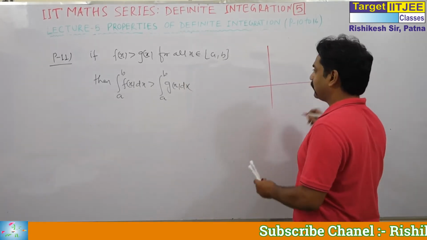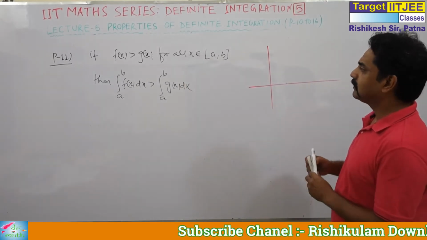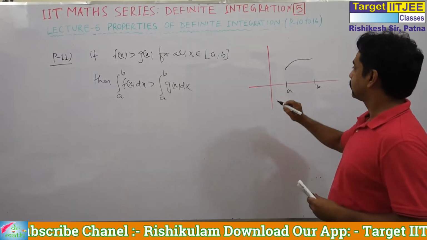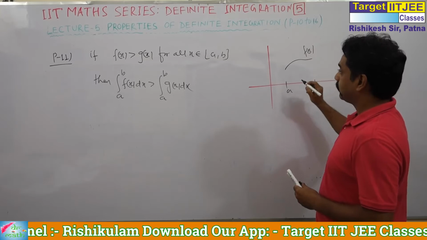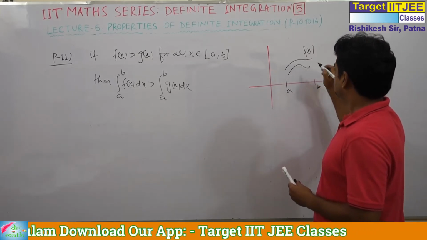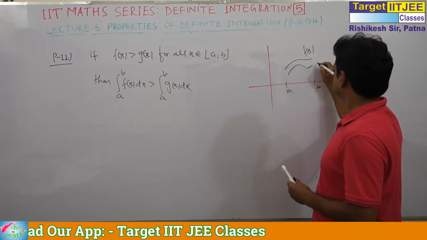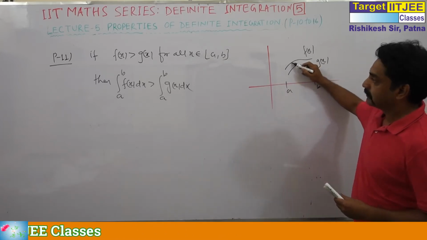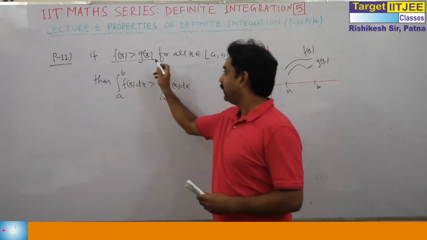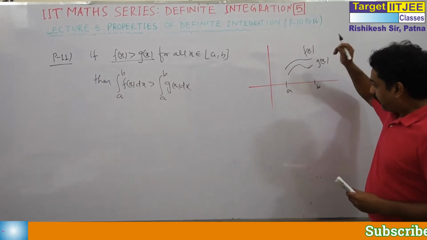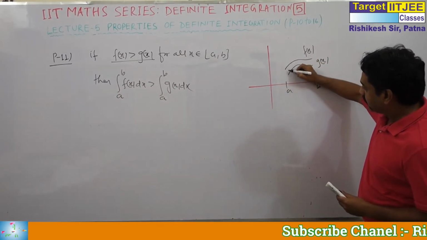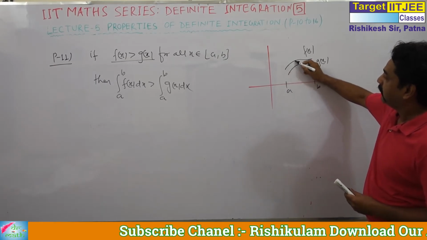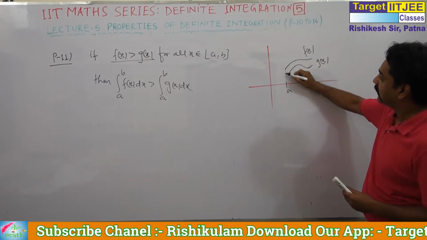If you want an explanation, this is very simple. Suppose this is f(x) from a to b, and suppose this is g(x) from a to b. What does this mean graphically? At each and every point, the graph of f(x) is at a higher position than the graph of g(x).